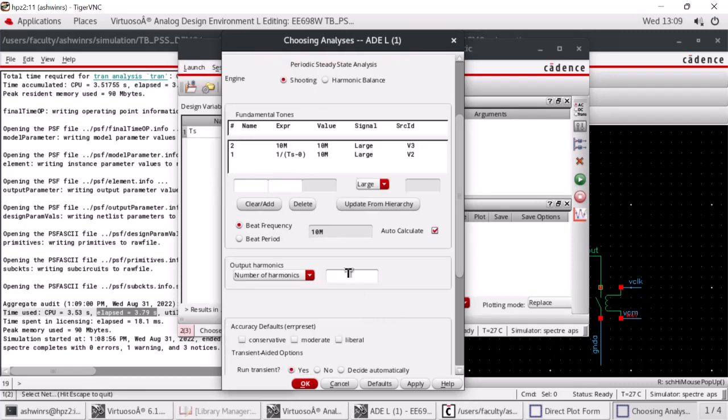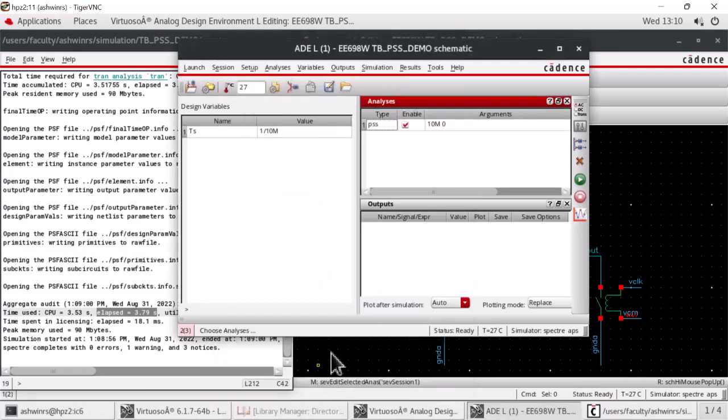And here is the number of harmonics you have to specify. So now I am not interested in finding the spectrum, so I'll just make it 0. And max AC frequency by default is 40 times Fs. So I'll have good number of points to be captured. Is that fine? So I'll set the accuracy to moderate and just run it.